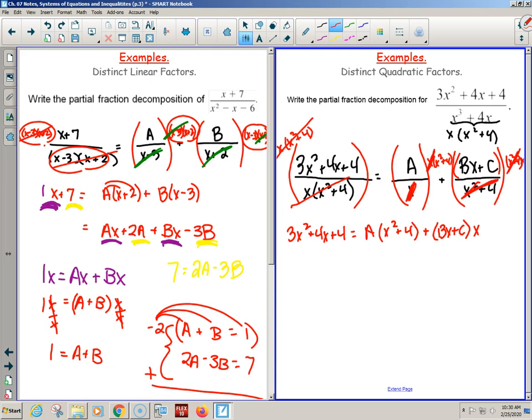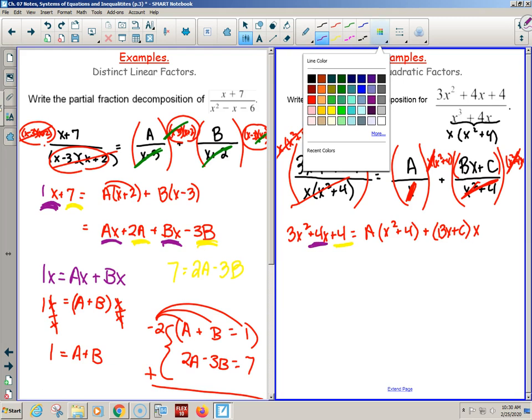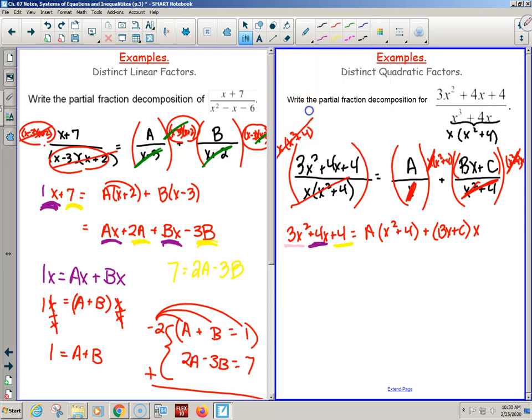I'm going to grab out my yellow. It's great. I'm going to grab out my purple. It's great. I'm going to go find a random other color. Sure, why not pink? Why am I doing 3 colors now? I have 3 types of terms, right? I have an x squared, I have an x, and I have a constant term. What does that mean about how many equations I'm going to have? How many unknowns I have?